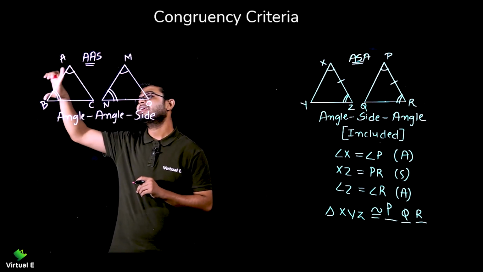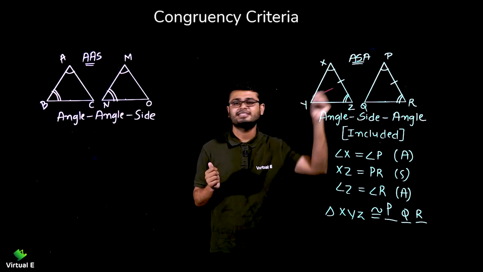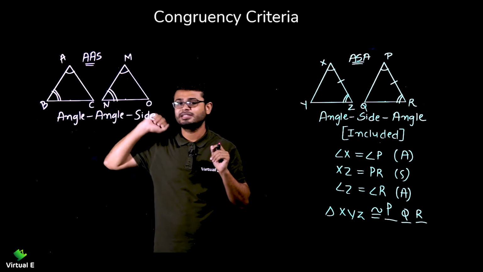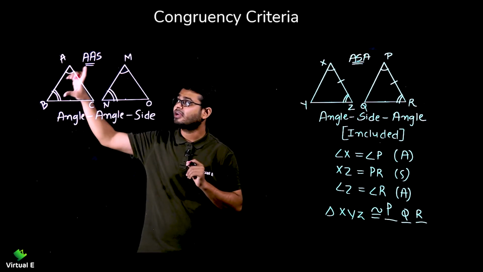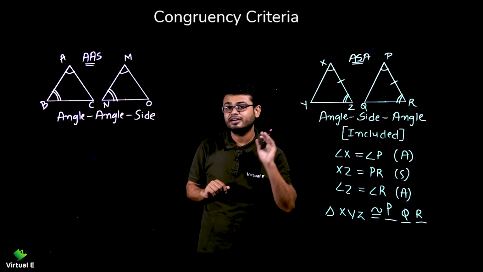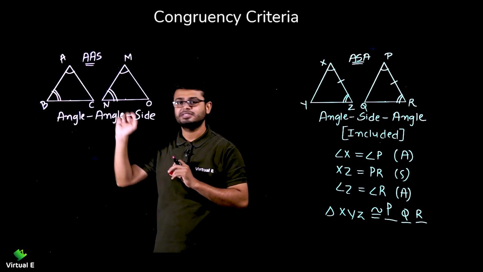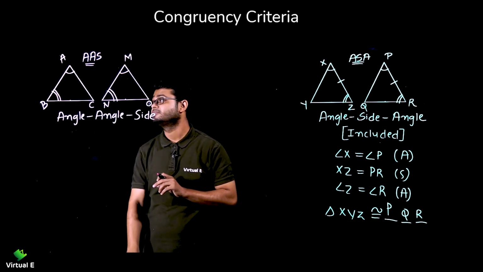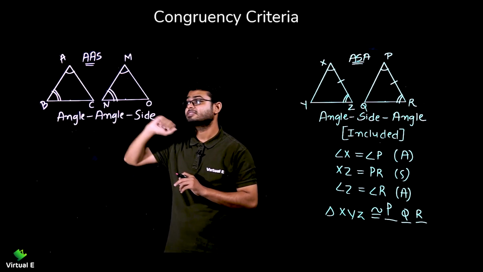Now if we take AB equal to MN, then which criterion will it become? ASA only, because that will become the included side. This is what we do not want. Remember that. We are not going to take AB equal to MN. That will be the ASA criterion, right? So we need to take either AC or BC. That will work out. Remember, right? You can take AC or BC as the side.